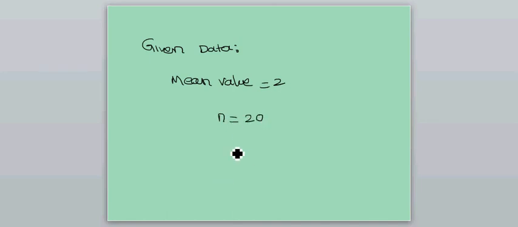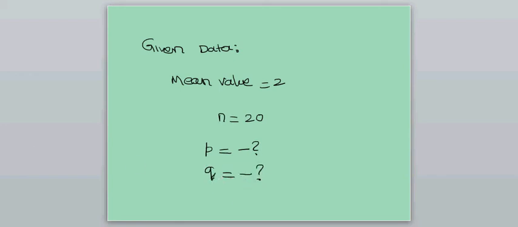If you see the given data, mean value is equal to 2, n is equal to 20, p how do you calculate now, and q how do you calculate now? That we have to see.